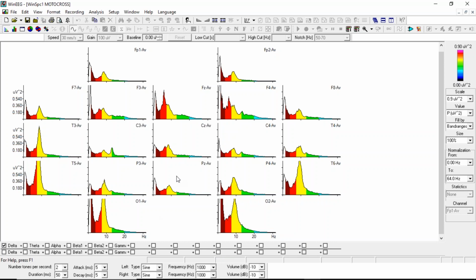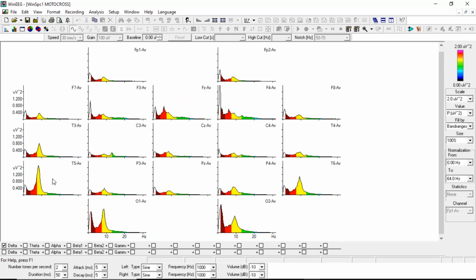When someone has a TBI and there's been axonal and neuronal damage, what the brain does is try to reconnect. That's what it's programmed to do. The problem is that the brain gets in such a rush to reconnect that the alpha gets reconnected and comes back with a vengeance.